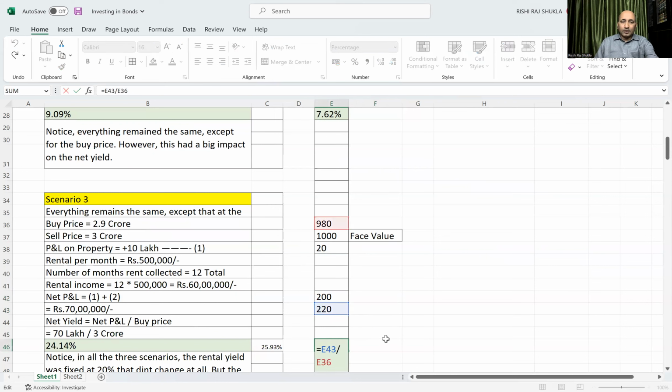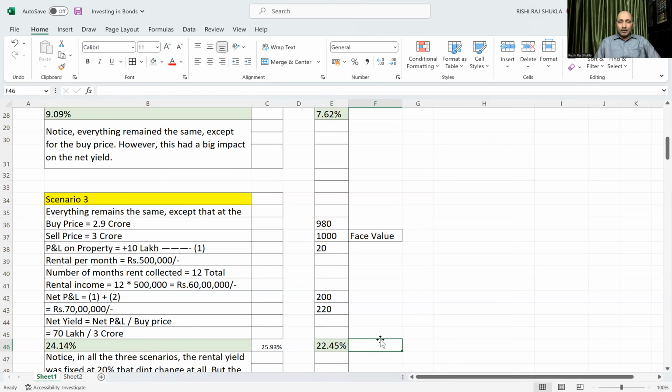So how much will be our yield? E43, this divided by this. That means total profit divided by buy price. So we'll get 22.45%. So we can see here a 2.45% increase in our yield, because only for this 20 rupees of discounted price we got the bond.